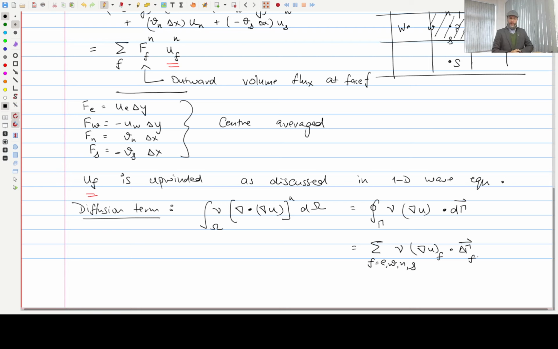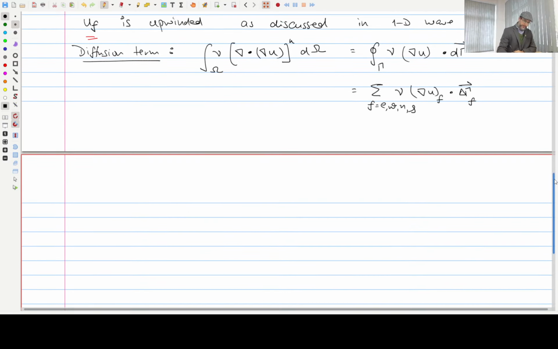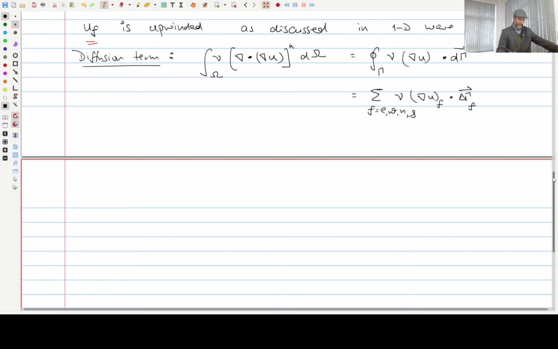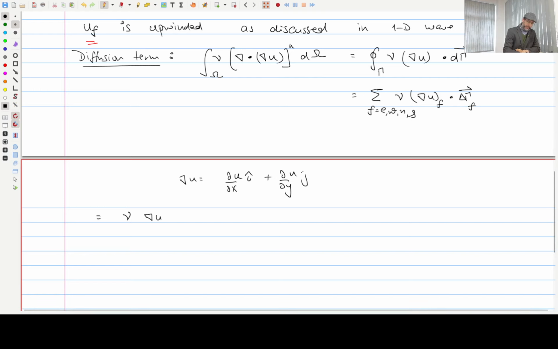So it's very similar to the approach we've just discussed. This expands to four terms. Let's see what the four terms are. Let's look at the east face. Now what is grad u? Grad u is del by del x of u i hat plus del by del y of u j hat.